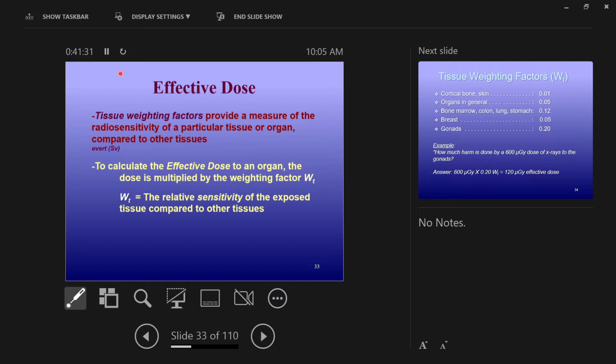These different tissue types have different amounts of radiosensitivity. Now we're going to go into depth in this in upcoming lectures in the next couple modules, but what you should know is that, as I said, certain tissues are more sensitive than others, and it has to do with how mitotically active the tissue is.